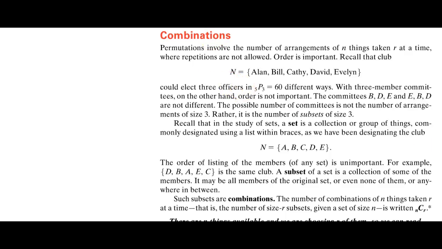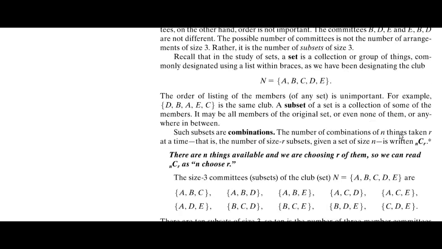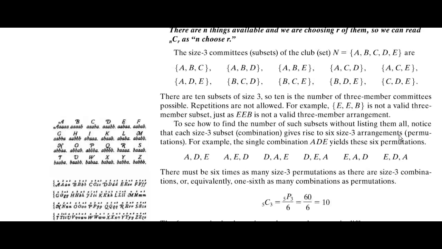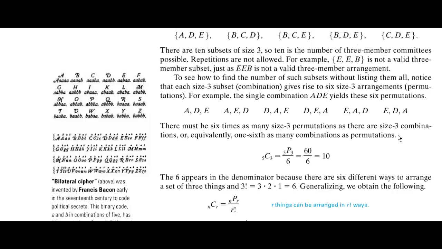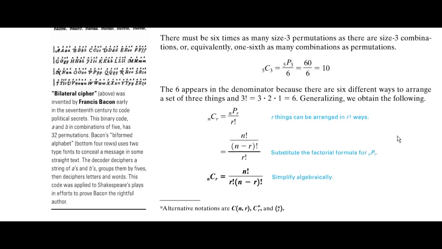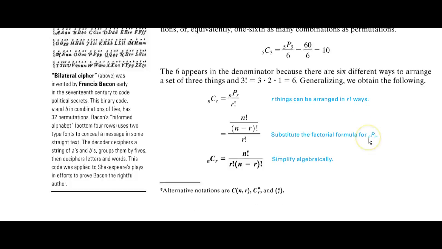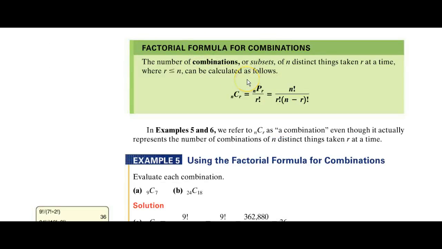Now they go through and describe this in detail. I'm not going to read it all to you or go over it in any detail at this time, but to say that there is a formula that comes out when you are dealing with combinations where order is not critical. And we saw how the formula was derived, again, not a critical thing. The key is this is the formula for combination.